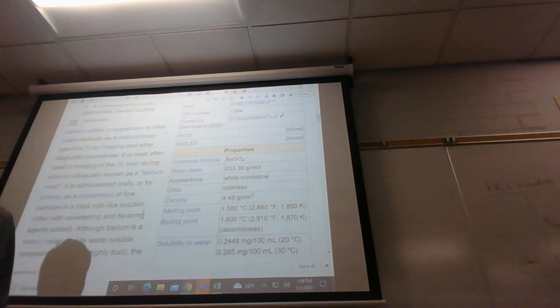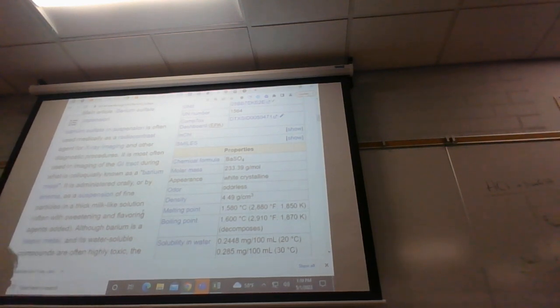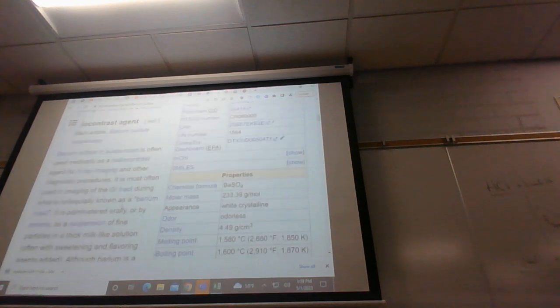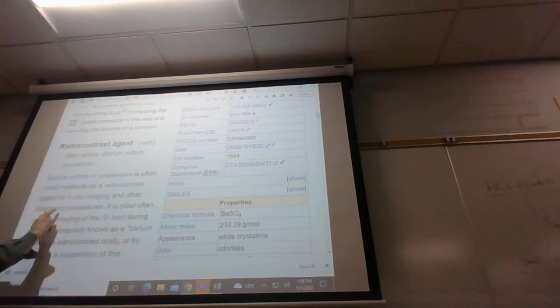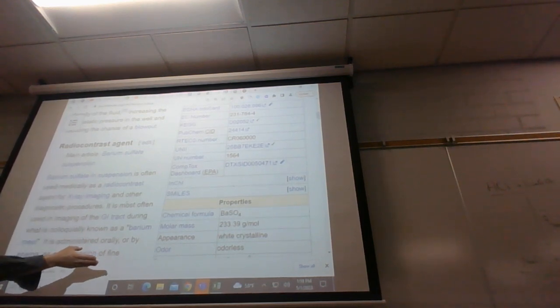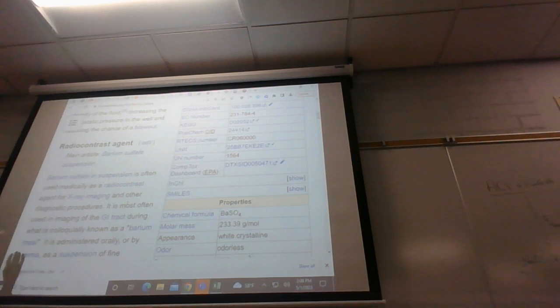You drink the barium sulfate, and then they can image your GI tract with X-rays. Heavy metals are good at absorbing X-rays, like lead, barium, etc. But it's not so toxic in this form because its solubility is so low. So even though I drank a whole bunch of barium sulfate, I wasn't worried about dying.